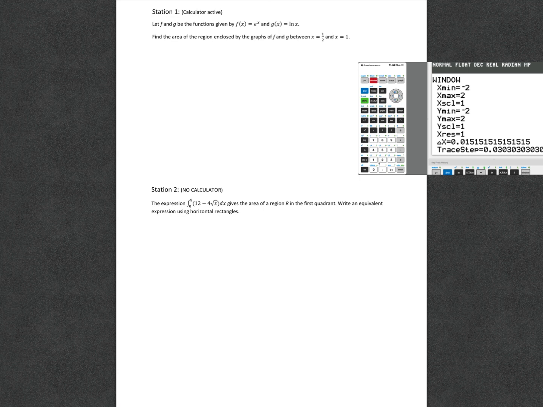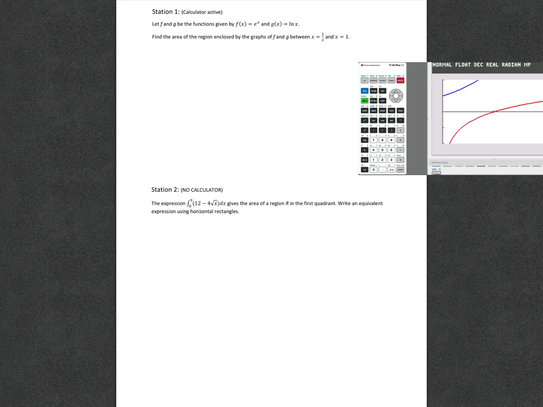Okay, now let's change the window. They say half to 1, so we'll go from 0 to 2 maybe. And we don't know how high it goes, so let's graph and see. Maybe we want to increase the y value to get both in view.